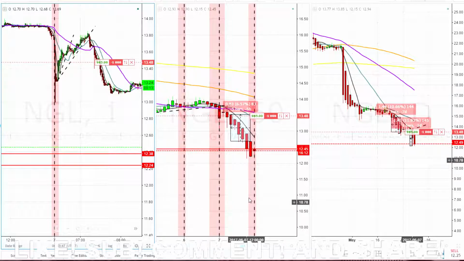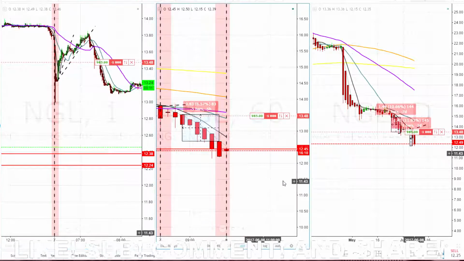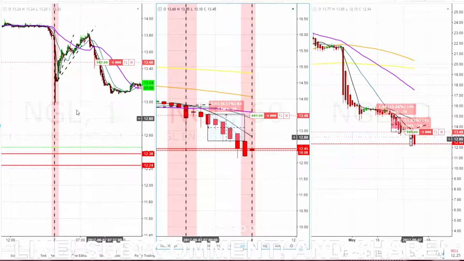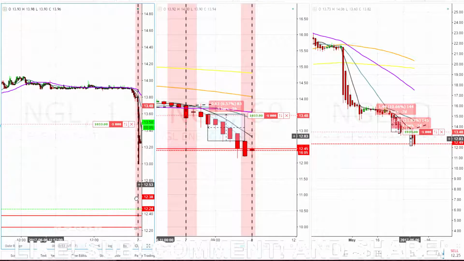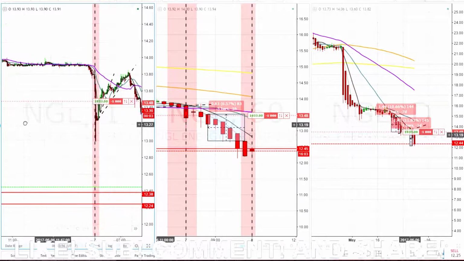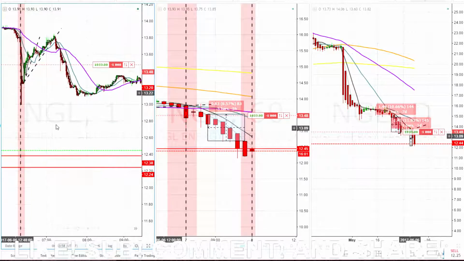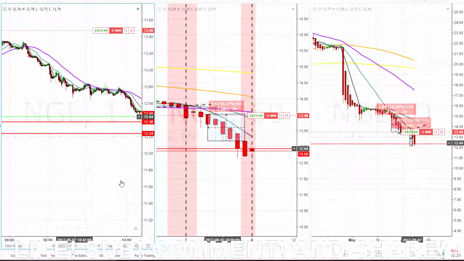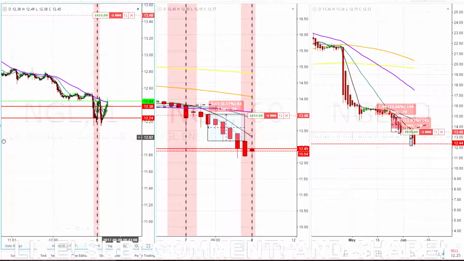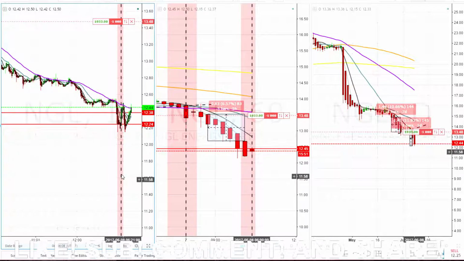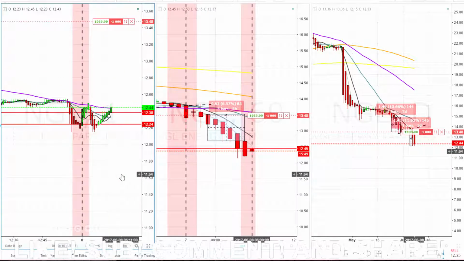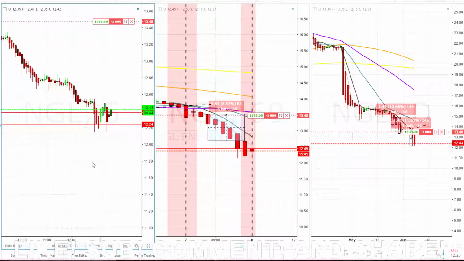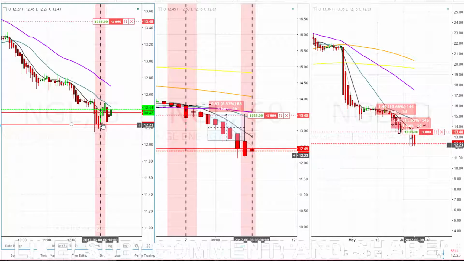Oh, and she is coming back up. Just maybe coming up. Let me see that 5. So she's on a trend.